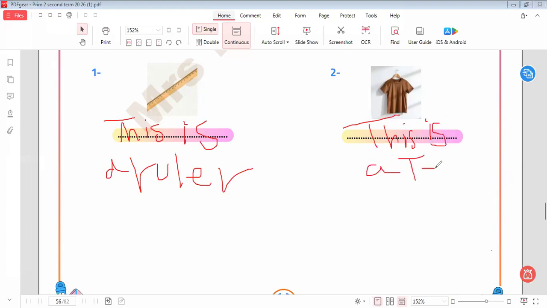Because I don't want to have structure mistakes or spelling mistakes. So I must write a simple sentence to be able to write in the exam test, and not have minus marks, to take your full mark, not to lose minus half mark or anything like this. So here we say this is a ruler, this is a t-shirt.